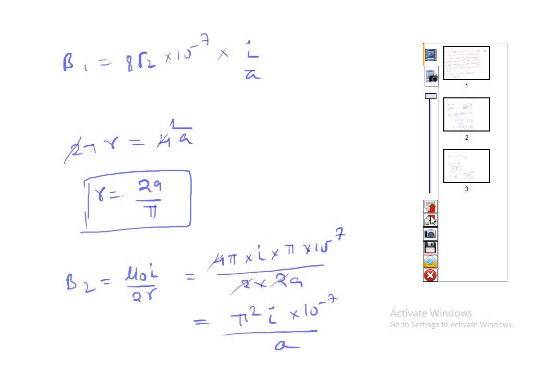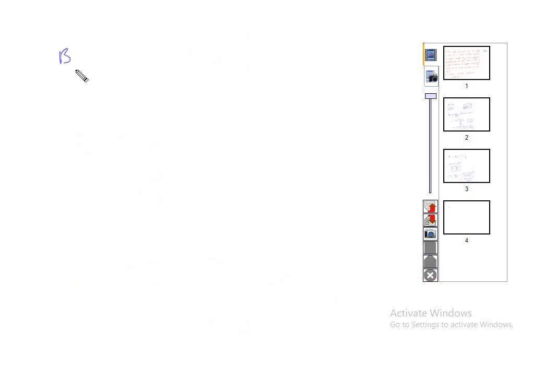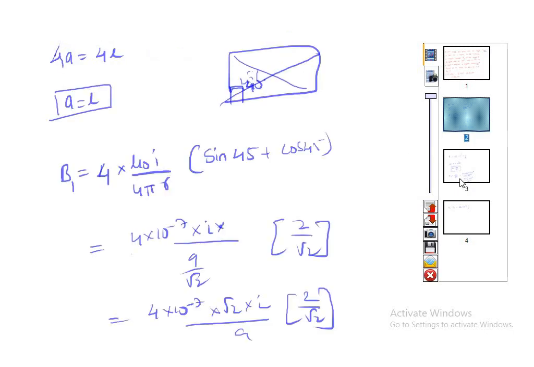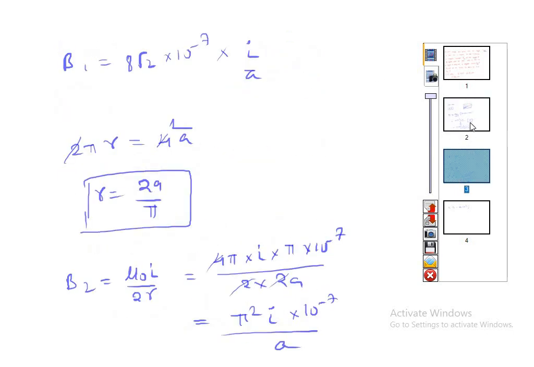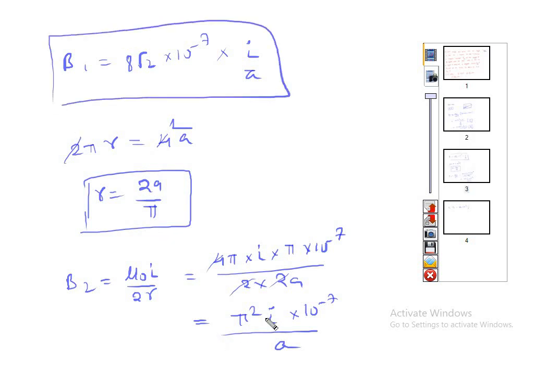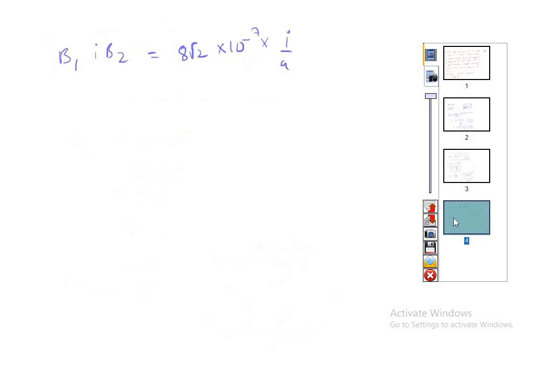This gets canceled, and we need to find B1 is to B2. B1 is to B2 is equal to 8 root 2 into 10 to the power of minus 7 into I by a, divided by pi square into 10 to the power of minus 7 into I by a.